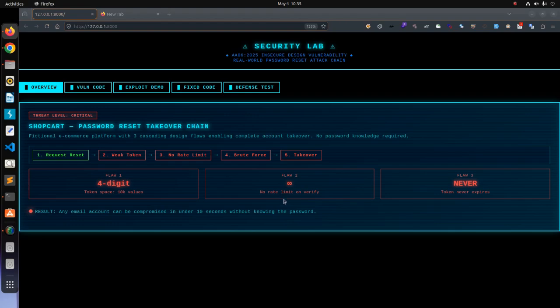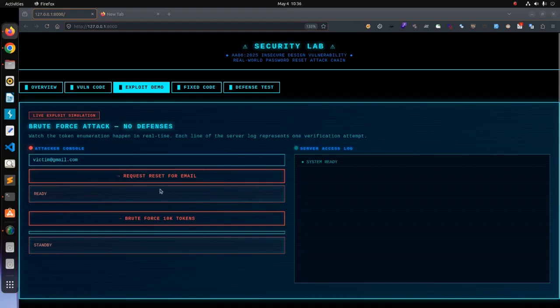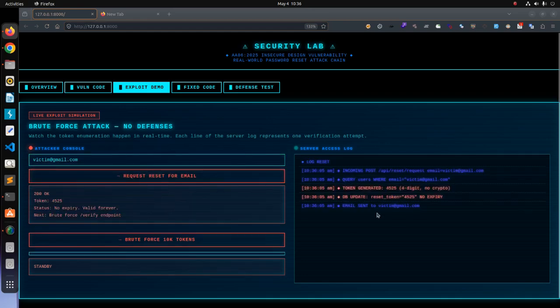We can actually attack it. So here you go. I'm going to request the password reset for this victim email, and you look, the system generates a token. Look at the server log.